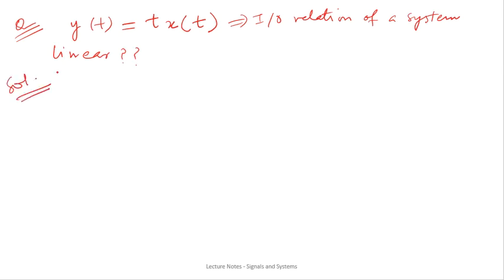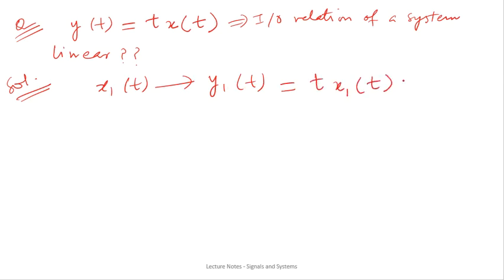Okay, so you can start your solution by assuming two different inputs, x1(t) and x2(t). Corresponding to x1(t), the output is represented by y1(t), which is nothing but t times x1(t).